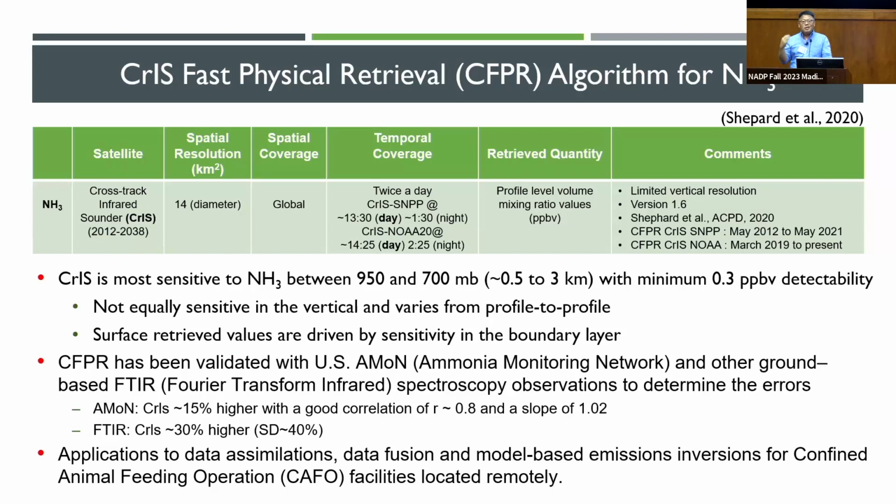For this study, because we are interested in ammonia at the surface, we are using the layer 1 surface concentration from this satellite retrieval. This algorithm has been validated with ammonia measurement data from MMON, and you see that it's a little bit overestimating what they have found, but our coefficient is 0.8. So we believe this quality data set is good enough for us to move forward.